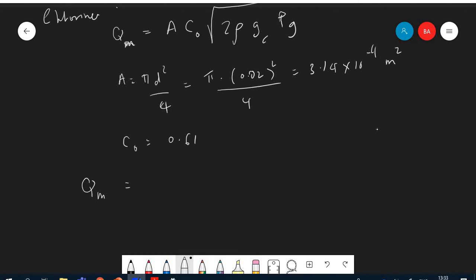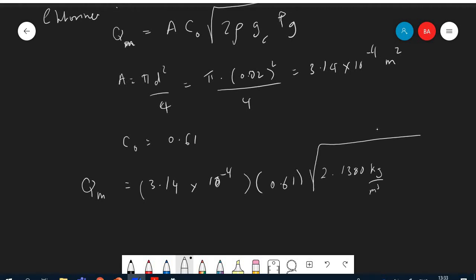So Qm is equal to A, which is 3.14 times 10 to the power minus 4, times C0, which is 0.61, times the square root of 2 rho, and the density of chlorine is 1380 kilograms per meter cubed, multiplied by gc.